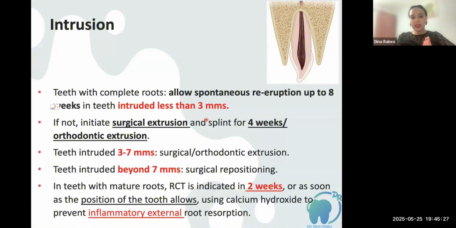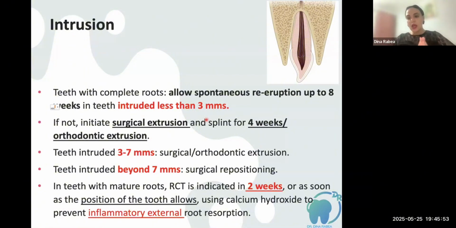So if the tooth is intruded below 3 millimeters, we wait for 8 weeks and then initiate surgical or orthodontic extrusion. Surgical extrusion is faster, but orthodontic extrusion is milder. It causes less damage to the bone, to the pulp, and so on. For teeth intruded from 3 to 7 millimeters, we have to choose between surgical and orthodontic extrusion without any further waiting.